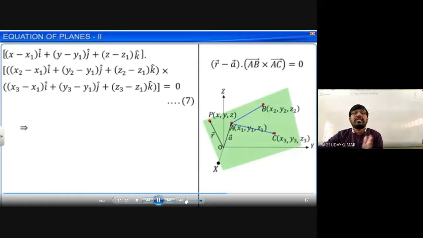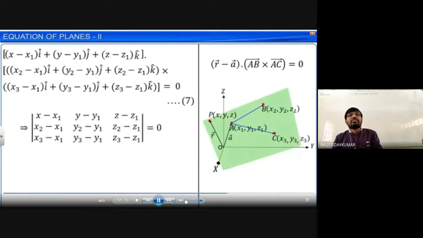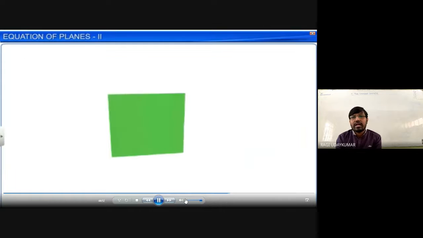So the determinant here is x minus x1, y minus y1, z minus z1; x2 minus x1, y2 minus y1, z2 minus z1; x3 minus x1, y3 minus y1, z3 minus z1, is equal to 0. Determinant only, usually, we are going to get. So this is a way to find the Cartesian form of the equation of a plane.